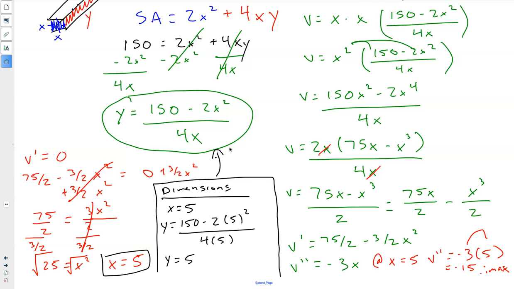So if our y value is 5 and our x value is 5, this is just like a big cube, right? Not necessarily a rectangular box. And so we know the dimensions. X is 5 centimeters. Y is 5 centimeters. Now let's go ahead and find the volume.